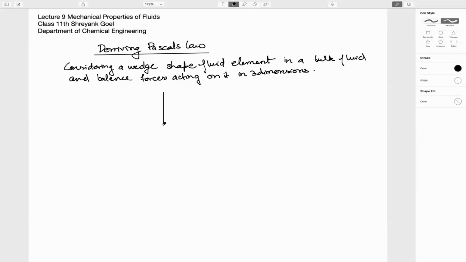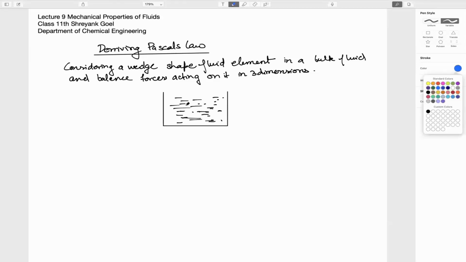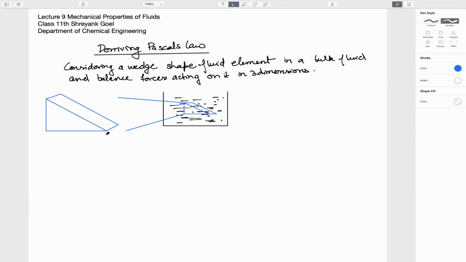So let's say we have any bulk fluid. Inside that I have taken a wedge or something like this. Okay, so this is a wedge. Let's zoom it out. So take a coordinate system like this: x, y, z, such that this element is dx.